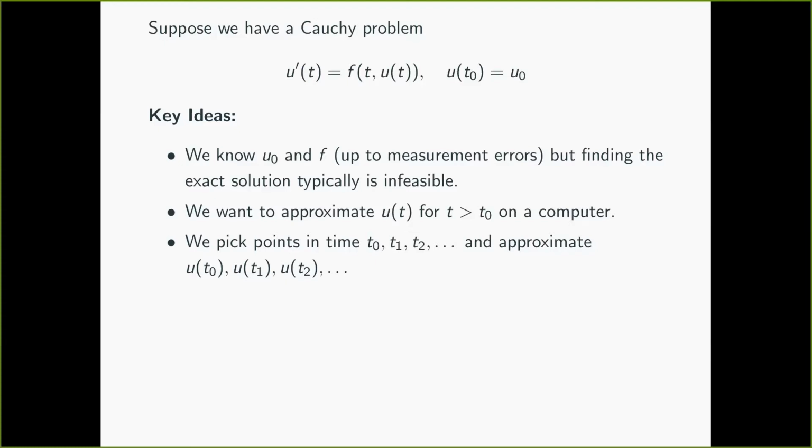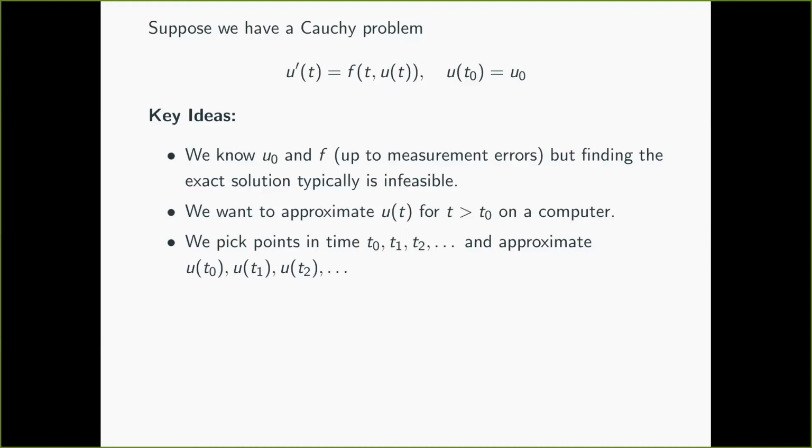Or more commonly, we are interested in the development of the physical process at certain snapshots, at certain time intervals. So typically we have set points in time, t0, t1, t2, and so on, and we approximate by a numerical method u of t0, u of t1, u of t2.